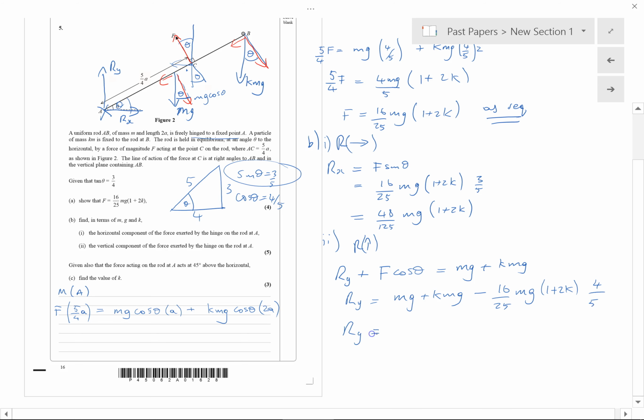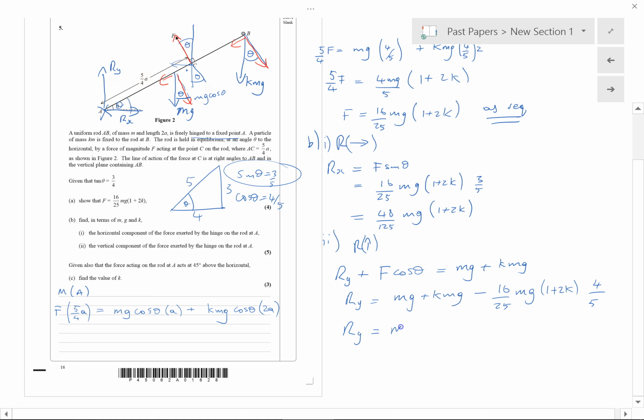Okay, so I think we really ought to tidy this up. 125 is the denominator of these two together. So if I multiply this by 125, I get 125 mg, and I'm going to take away 64 because of the 4 times the 16.